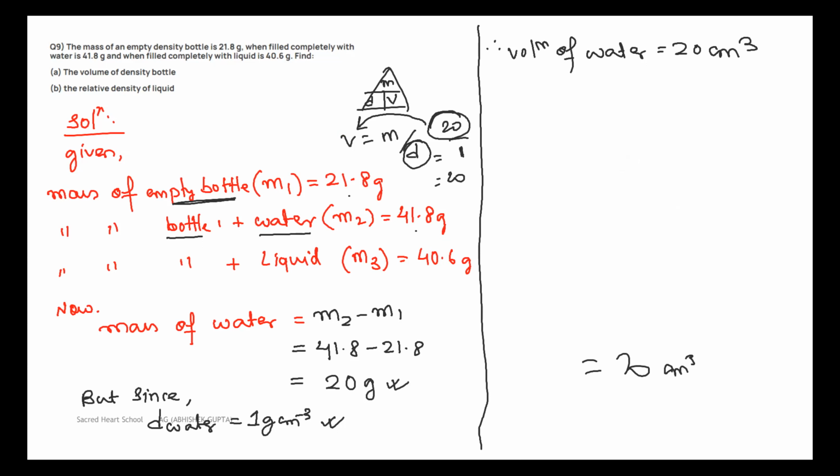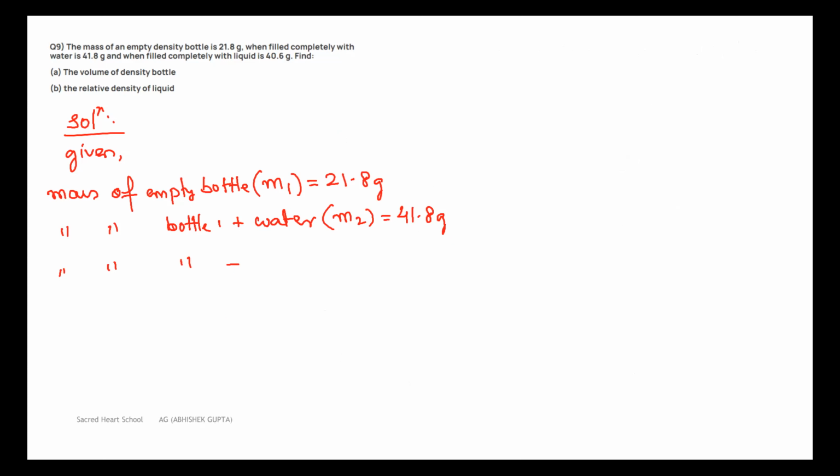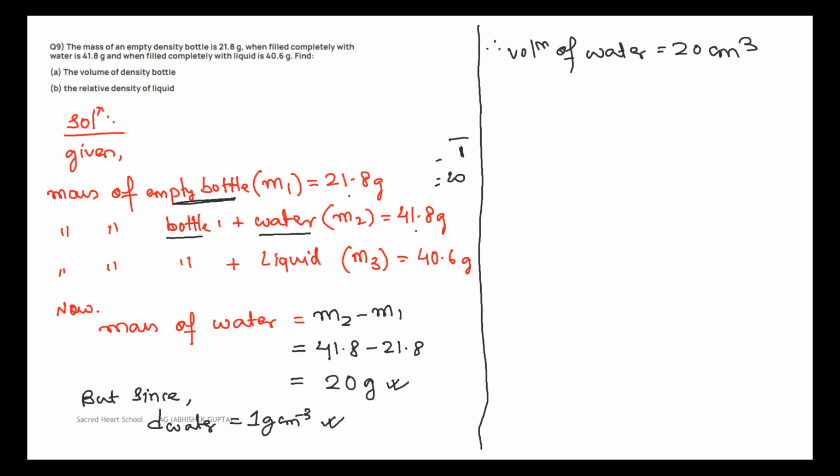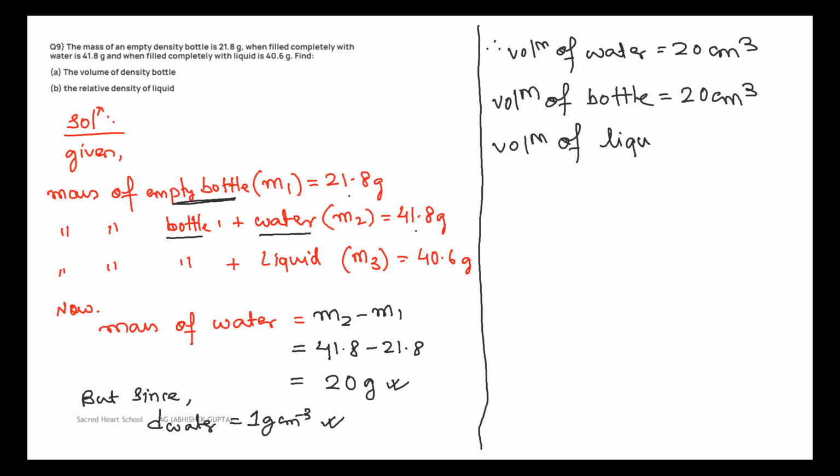Which means for water, whatever is the mass, the same will be the volume in CGS unit. The volume of water is this much. Where is the water placed? Water is placed in the density bottle. Therefore, can I say volume of bottle is also equal to 20 centimeter cube, and at the same time volume of liquid V is also 20 centimeter cube?